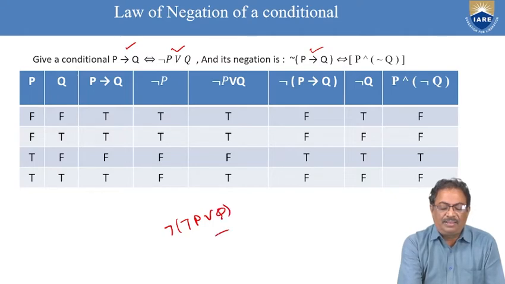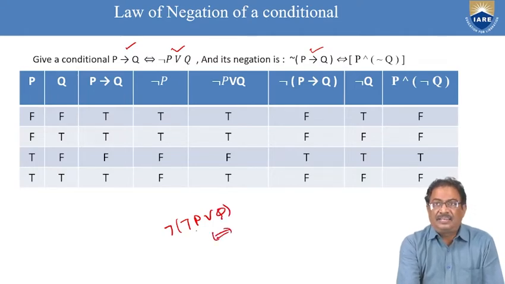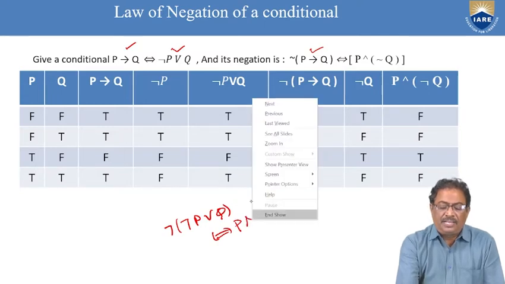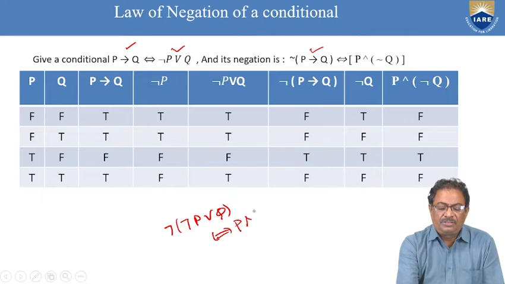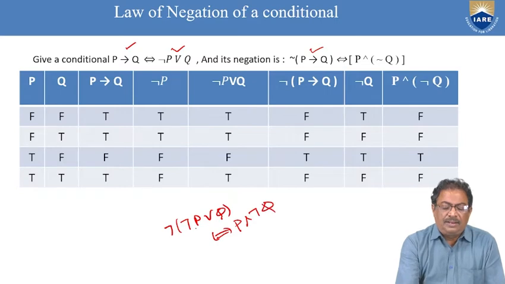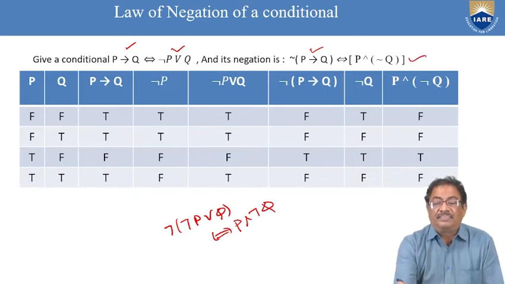Sending the negation inside, the double negation of P is P itself, the or becomes and, and then negation of Q. So this is P and negation of Q. So the negation of the conditional becomes this.